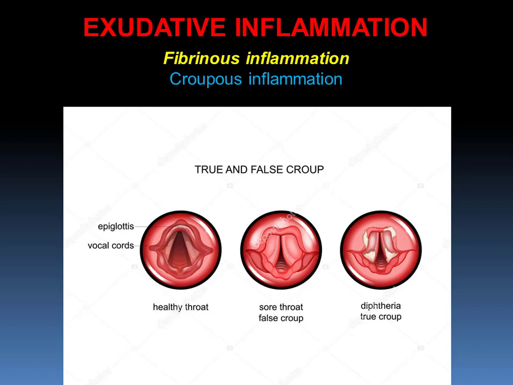In true croup, it is obliteration with detaching films, but in false croup, it is narrowing because of severe edema and accumulation of viscous mucus inside the lumen of the larynx. Both croups cause asphyxia, but the reason and pathogenesis are slightly different.